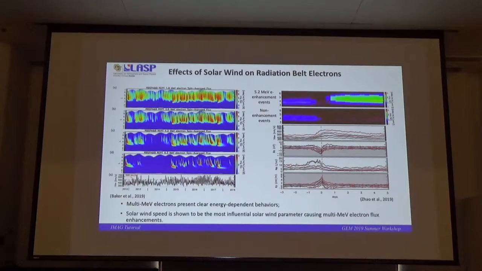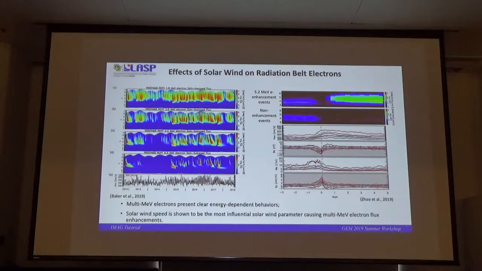Well, in another companion paper we published early this year, we separated the events into enhancement events and non-enhancement events for the multi-MeV electrons and performed a superposed epoch analysis of solar wind parameters during these events respectively. Here, the red lines are results for the enhancement events, and black lines are results for non-enhancement events.